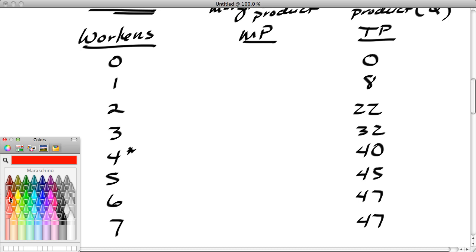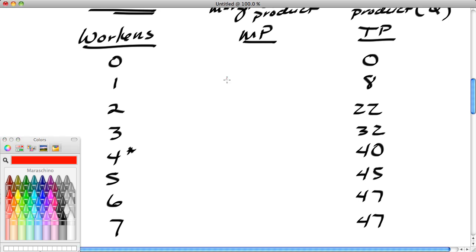If 4 workers can make 40, it's because each of them is averaging 10. But we notice that 4 workers making 40 only increase the total product by 8 units over what 3 workers can do, making 32. Okay? So the total product number is the product of the group of workers, not of a particular person named Bill or Mary or Sally or whatever.